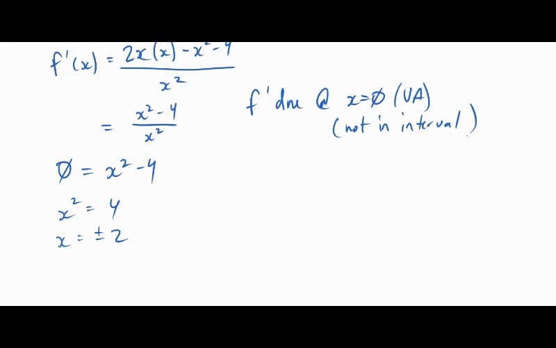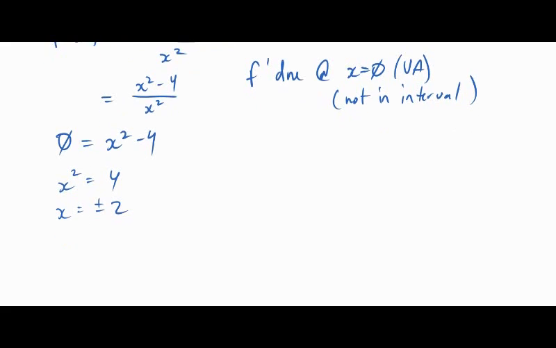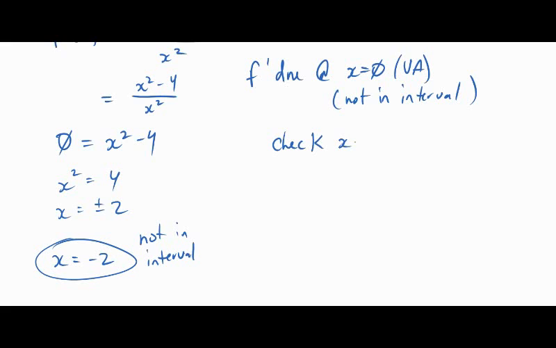So the asymptote is not in the interval, and x equals -2 is not in the interval. You have to state all of that, and then we check the beginning of the interval, which was 1, critical values that are in the interval, which is just 2, and the end of the interval, which in this case is 10.